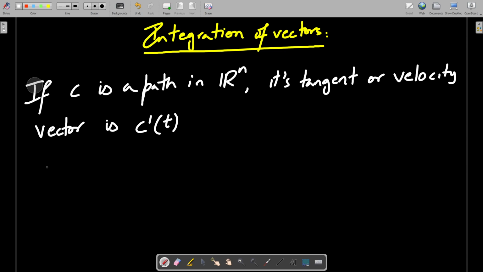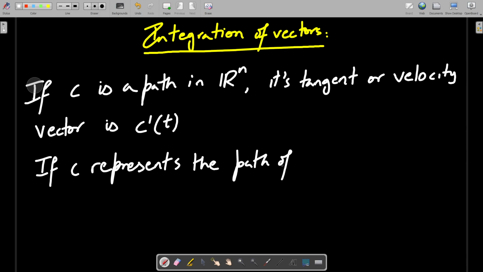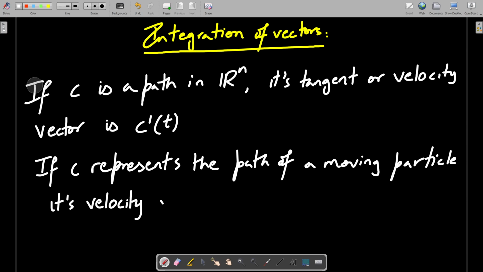Same way, if C represents the path of a moving particle, its velocity vector is v, small v.